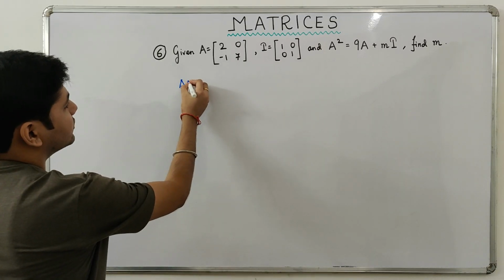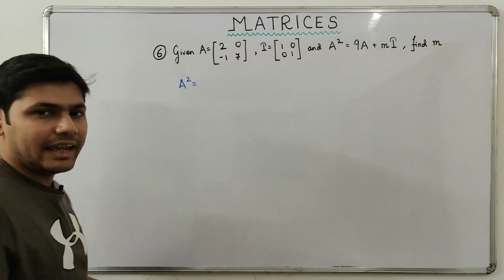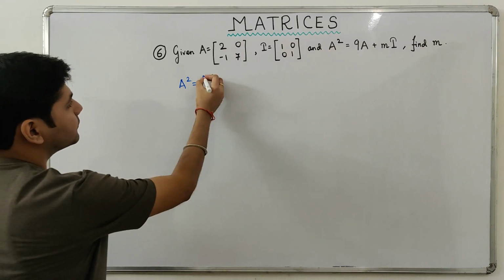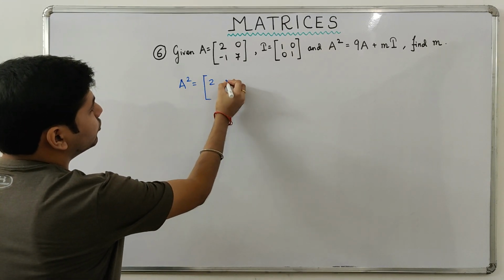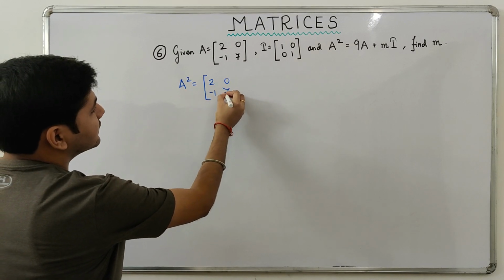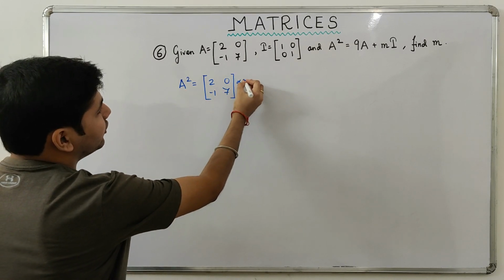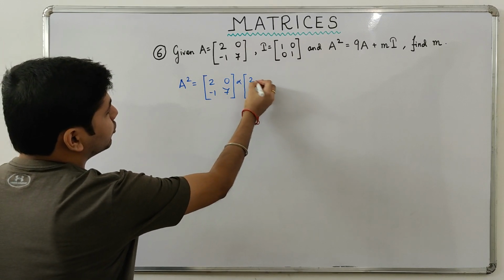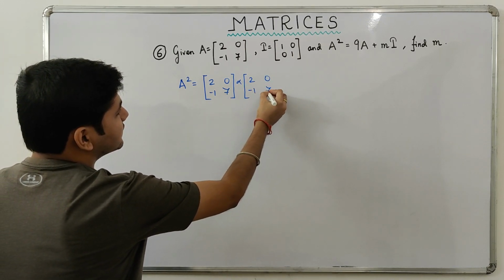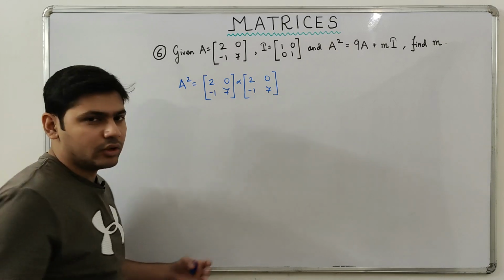So A square is equal to A into A. So [2 0; -1 7] into [2 0; -1 7]. Let's do the multiplication.